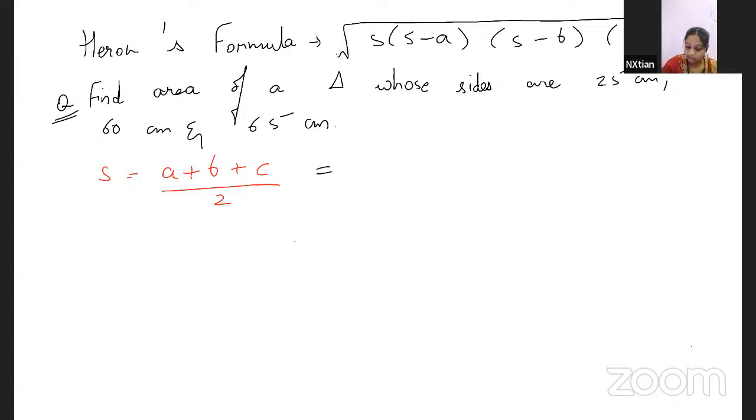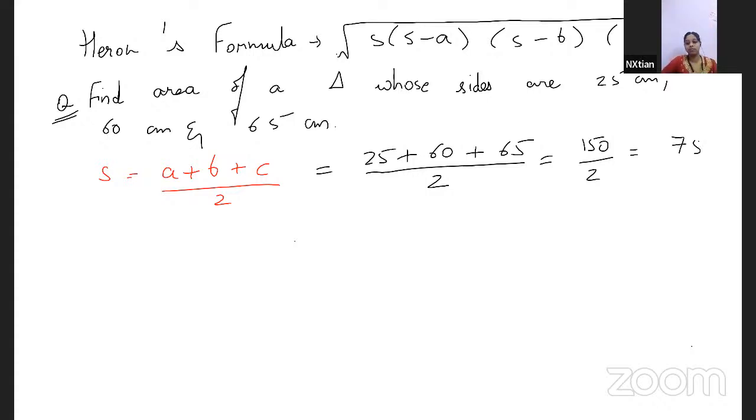So let's add them up. 25 plus 60 plus 65, we get 150, divided by 2, we get 75. So our S here is 75.